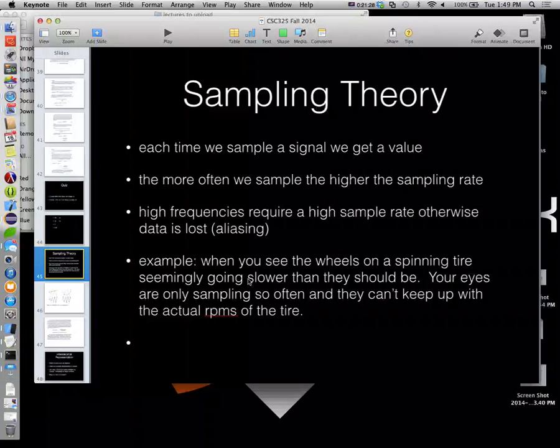So the question is, is that sampling? Do those pixels, does the refresh rate of your screen have anything to do with our ability to see those pixels?